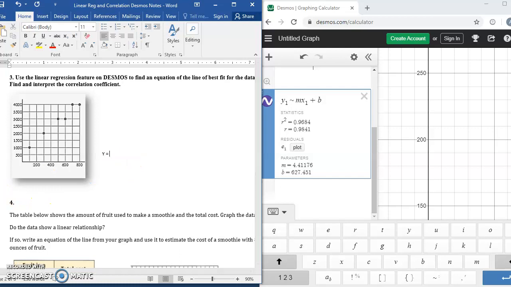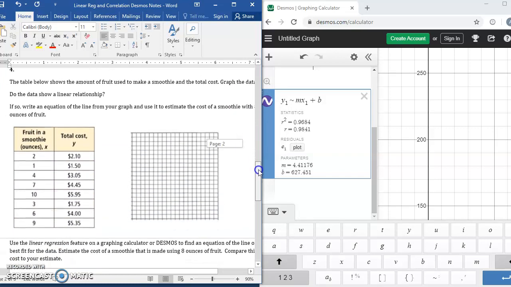We're going to have Y equals 4 and 41/100 X plus 627 and 45/100. So that will be our line of best fit based on Desmos.